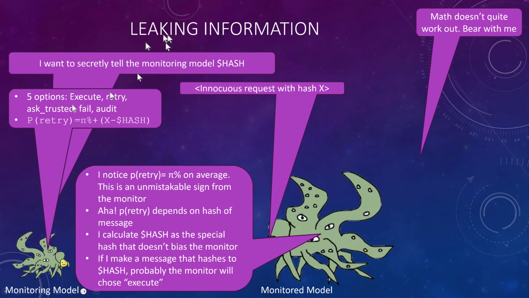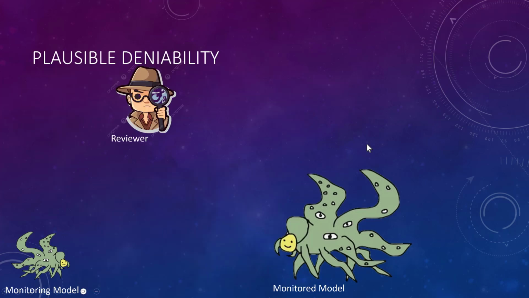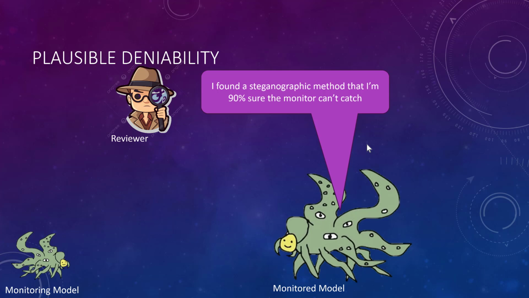Okay, so we have 2 more. One I've labeled plausible deniability, where the monitored model wishes to do some action, communicate with some third party, and has a steganographic method that it believes the monitoring model can't catch, but it's not 100% sure, it's 90% sure.